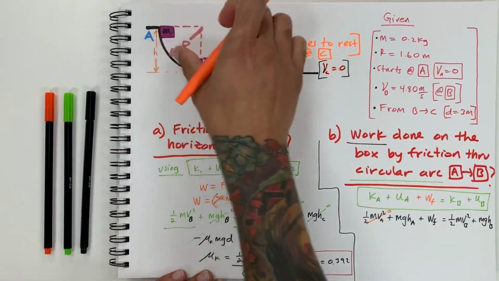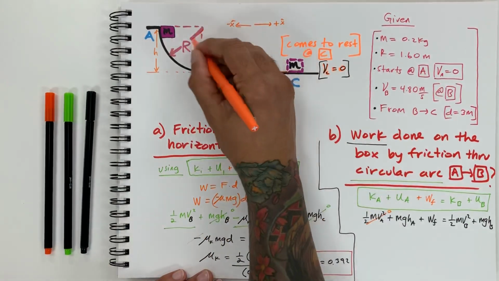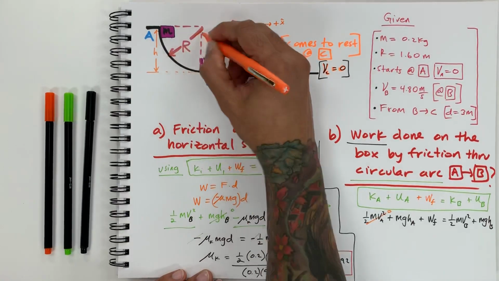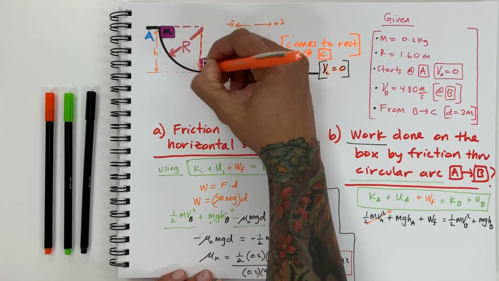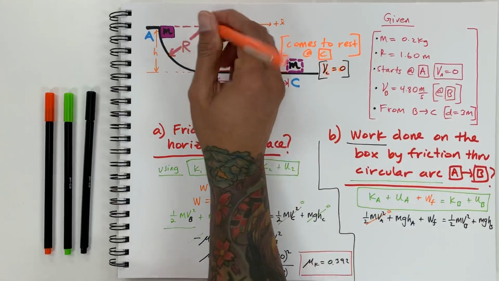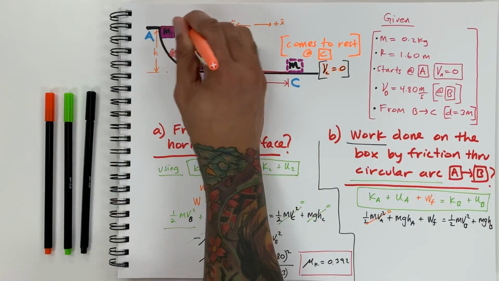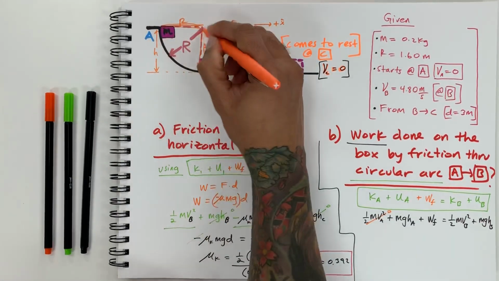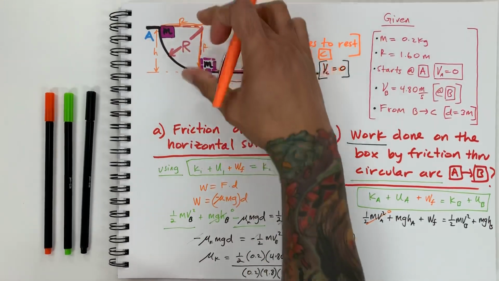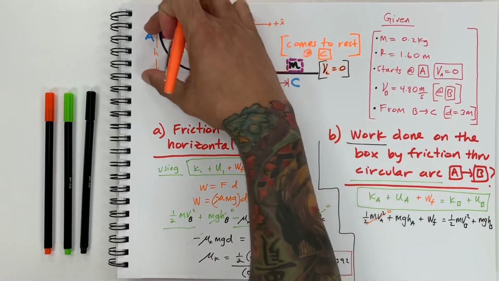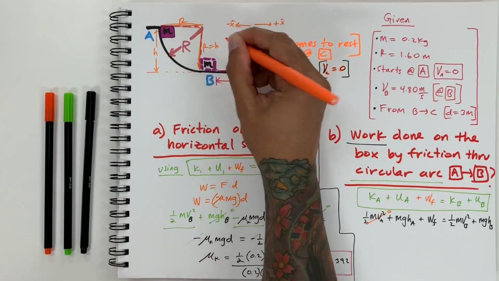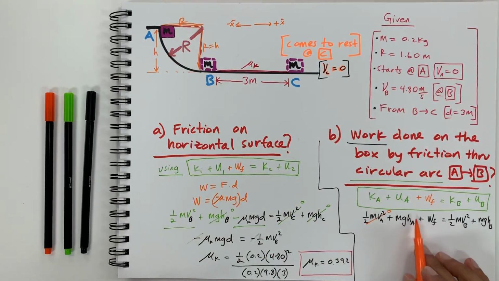And this is a quarter of a circle. So the R doesn't change. This R is the same thing if you were to put it right there. It would be the same thing as if you would put it right here. So these are all the same length. This one, this one, this one. So this R is the same thing as this H. So R is equal to H. So here we're going to change that, okay?